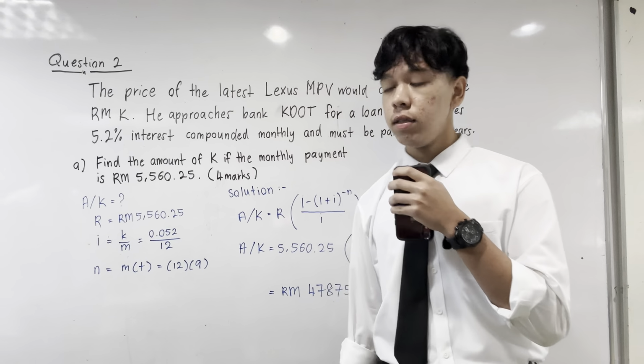For this question, I think we need to use the present value formula. Okay, this is the listed amount we need to use inside the formula. We just calculate all of this. The final answer is RM 478,754 and 60 cents.